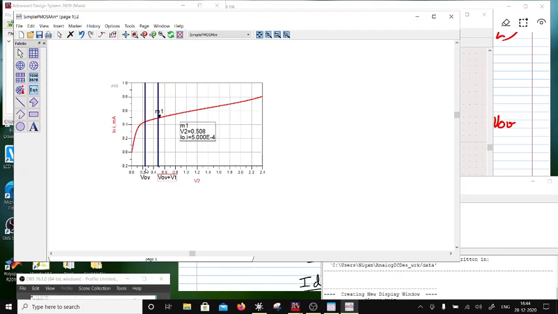So this is roughly going to be around 0.5. It is 0.3, which is the VT of VTP.